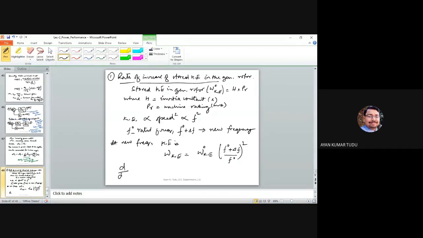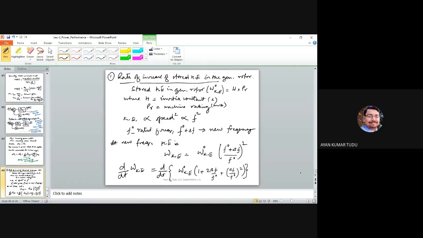So d by dt of the new kinetic energy is equal to d by dt of W naught KE into 1 plus 2 into delta f by f naught plus delta f by f naught whole square. We can write this.